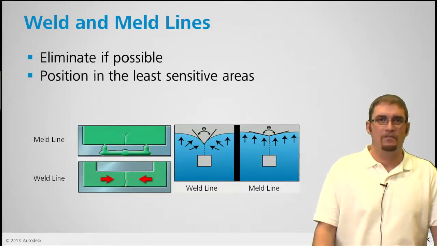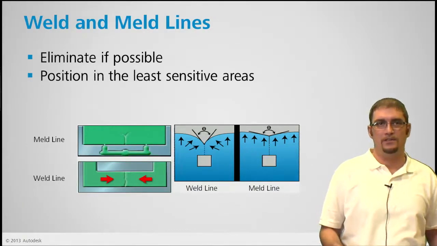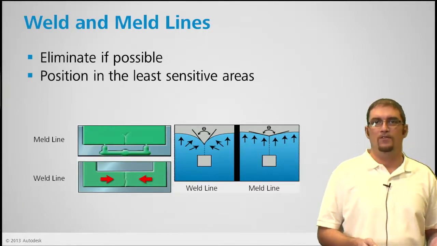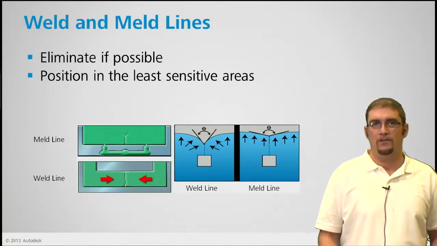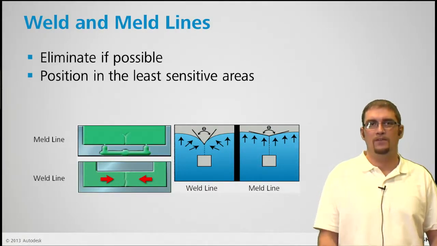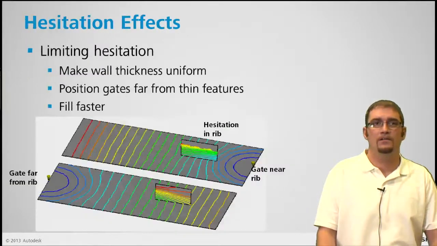And you can see we have a meld line and a weld line. So a weld line essentially is where two flow fronts are meeting directly with one another. Meld line, still two flow fronts meeting, but typically at a larger angle. So their meld lines are a little stronger, but still you have to watch that for not only structural concerns, but also cosmetic.